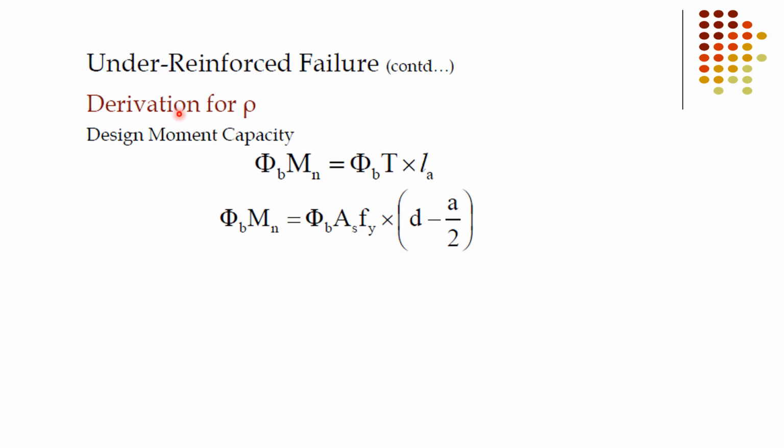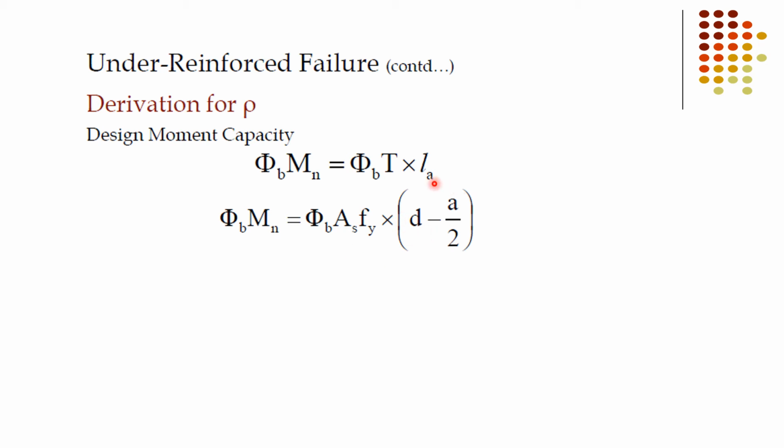How? Under reinforced, that's the basic moment capacity formula we have seen in the previous slides. Phi b is the strength reduction factor in bending, T into La, tensile force into La. T is As Fy, and La is d minus a by 2. We already know that.